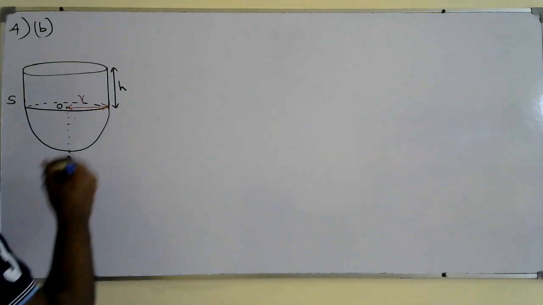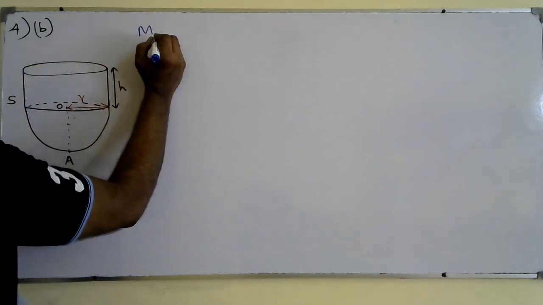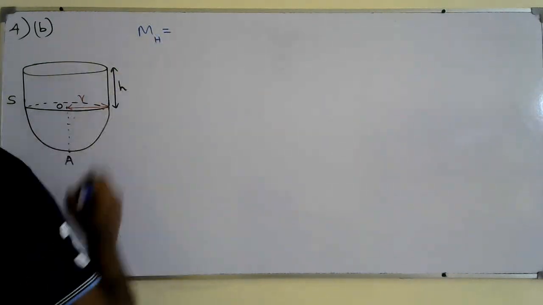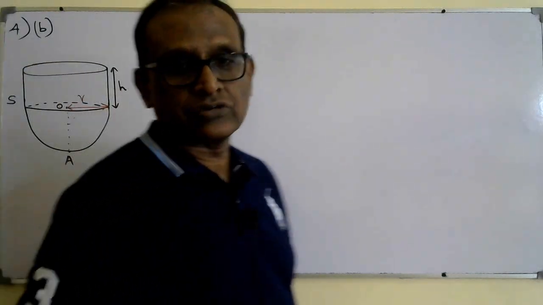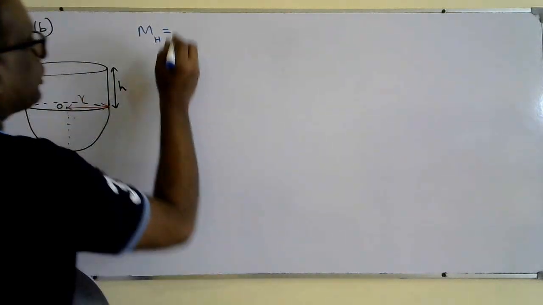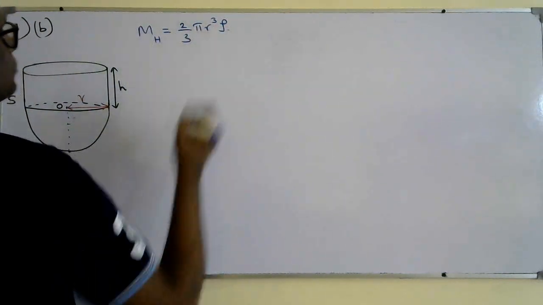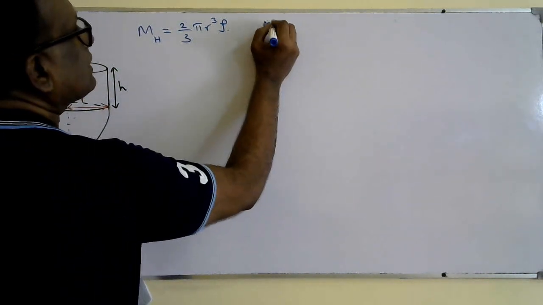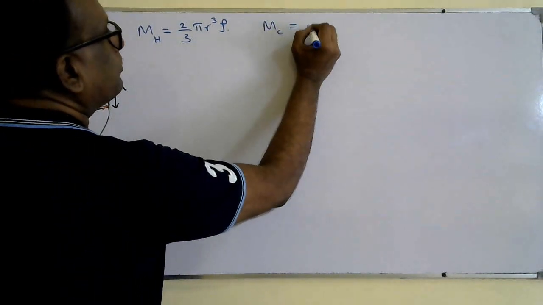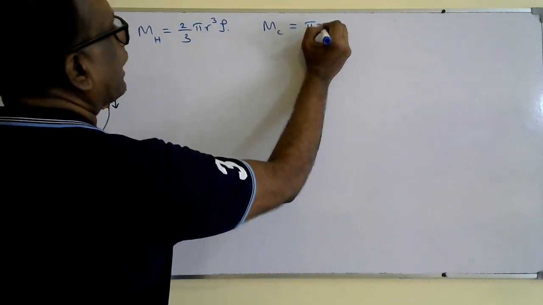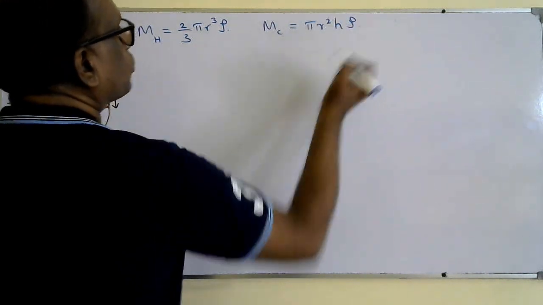So mass of the hemisphere, mh, is equal to 2 by 3 pi r cube rho. Mass of the cylinder is equal to pi r squared h rho.